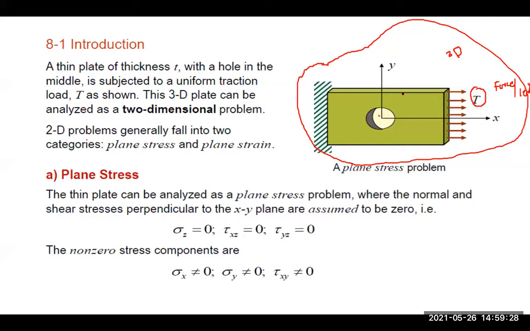Whenever this type of case is there, we are going to convert this into a two-dimensional problem, because one dimension as compared to the other two dimensions is very small. We are going to neglect it, and the type of load applied is a traction force. Therefore, we're going to consider this as a two-dimensional member.